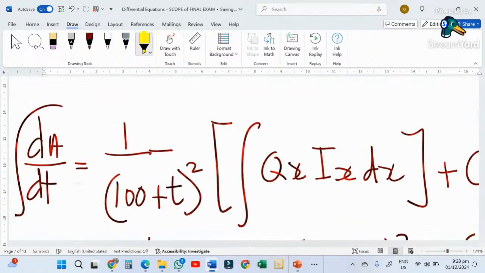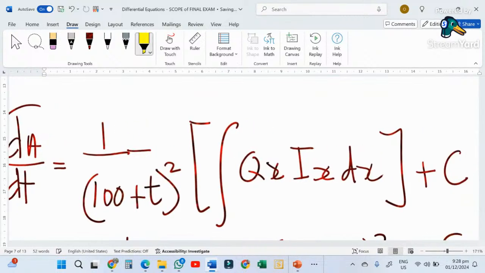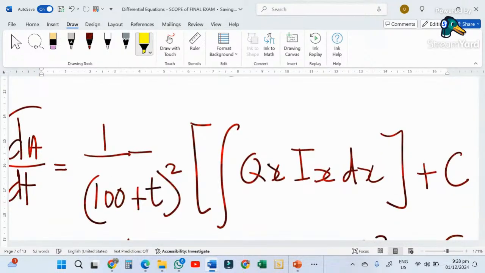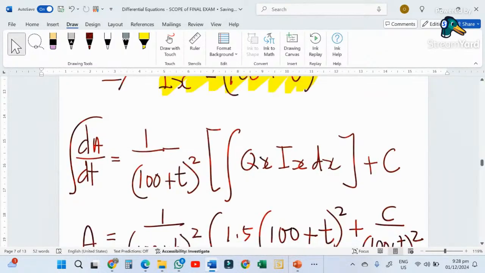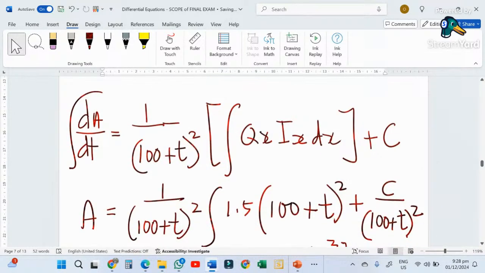Let's continue. Now we're going to do the integration. So the integral of dA over dt is equal to 1 over the integrating factor, which is 100 plus t squared, and then the integral of q of x times the integrating factor dx plus c.